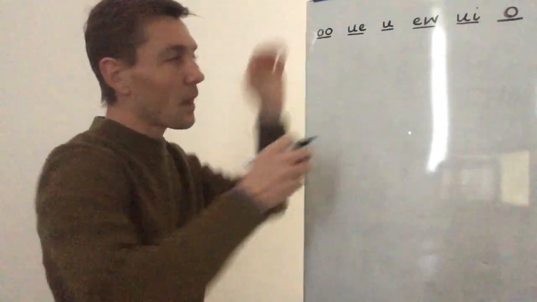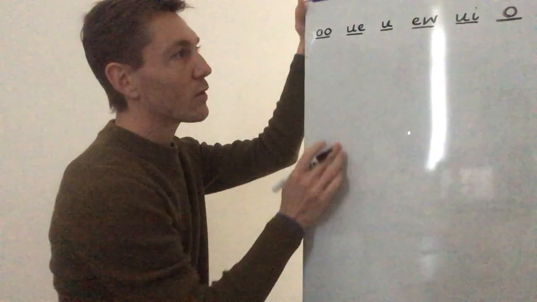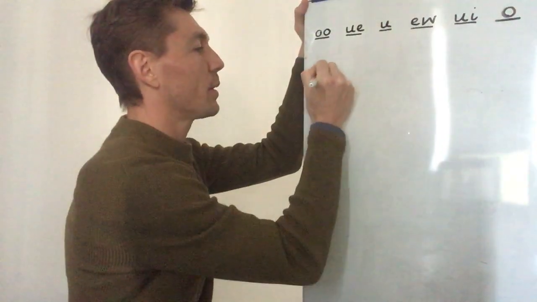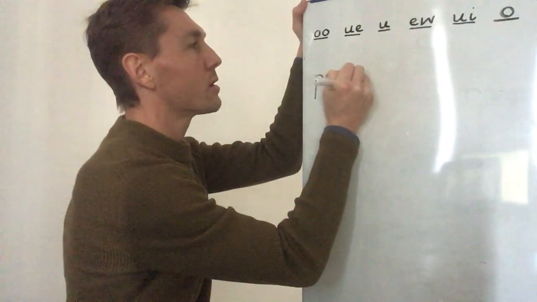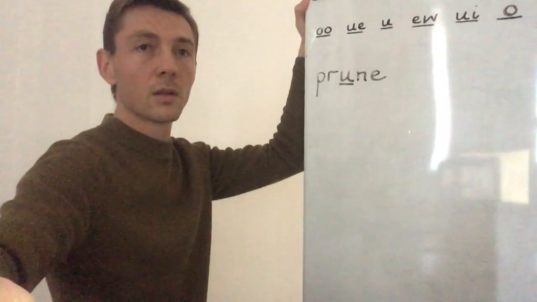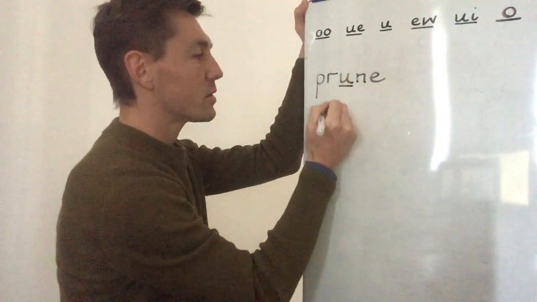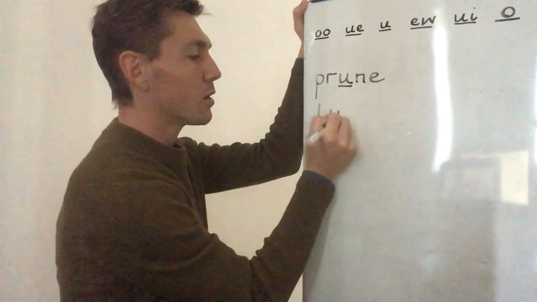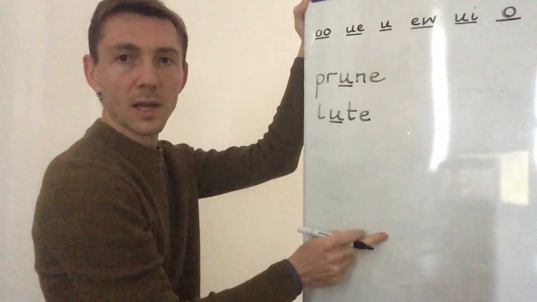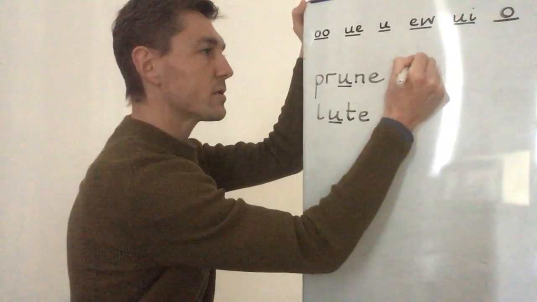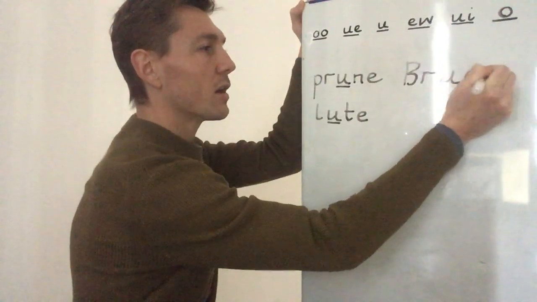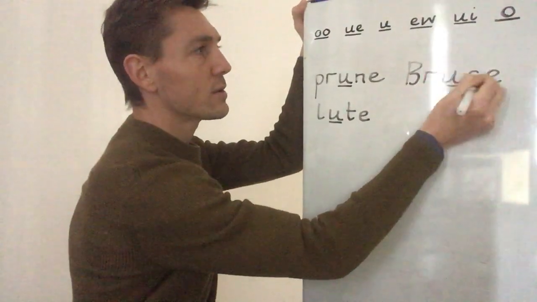Okay, now let's recap the words we've got. We've got the word prune, p, oo, n. We've got the word lute, l, oo, t, both sharing that u on its own spelling of oo. We've got Bruce, again with that u on its own spelling, oo, s.